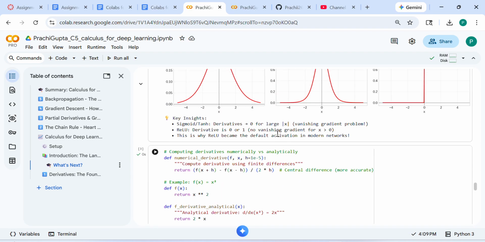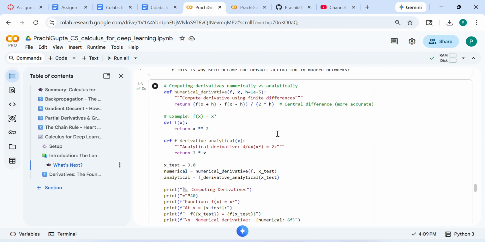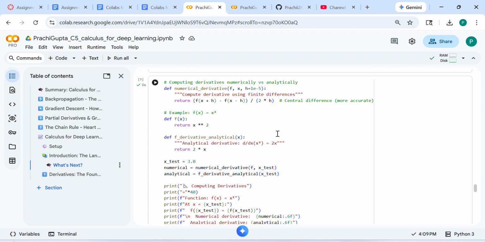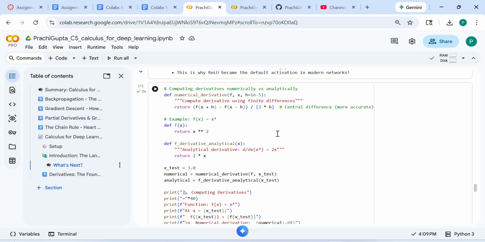Now we will move ahead to the next cell. We will compute the derivatives numerically versus analytically. This cell shows how to compute derivatives in two ways. One is the analytical derivative, which uses the mathematical formula, and the other is the numerical derivative, which is an approximation using a small change.